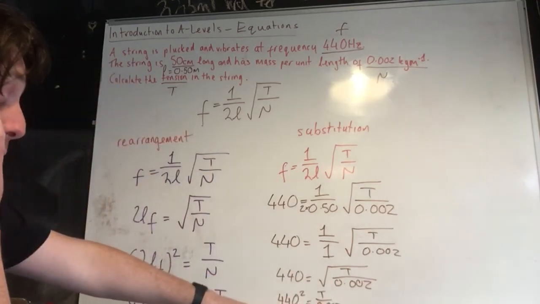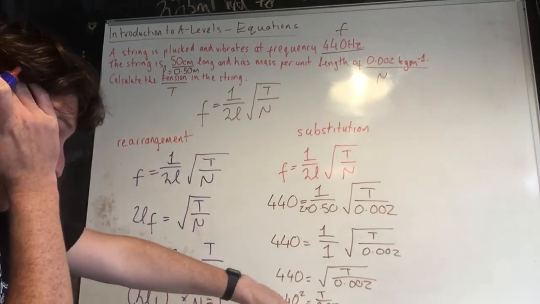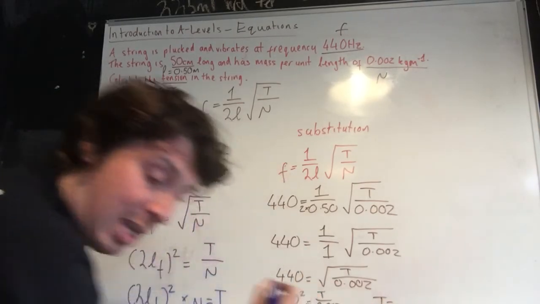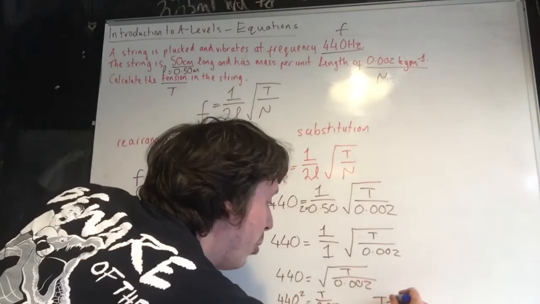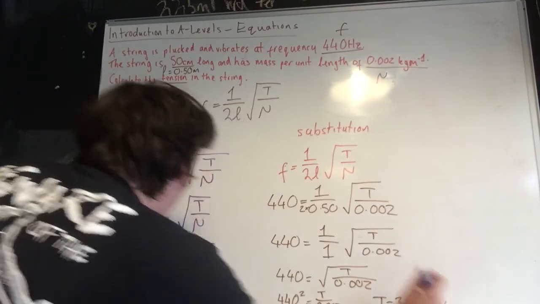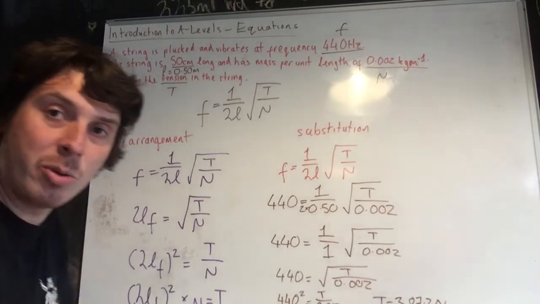So T must be equal to 440 squared times 0.002. So T is equal to 387.2 newtons. And you get exactly the same answer as you do that way.